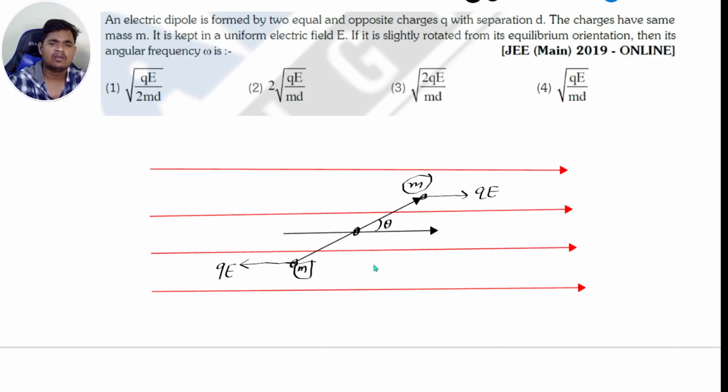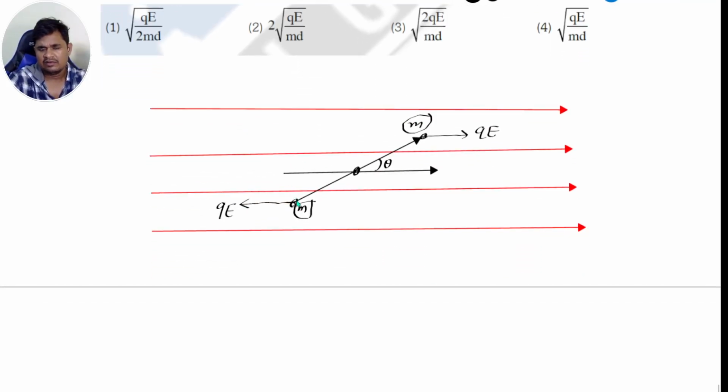So if I calculate the torque, now listen, you can write the torque about any point and you will get the same value of torque, because torque due to a couple is independent of the point about which you calculate. At all points you are going to get the same value. So let's say this is A and this is also A. Torque about O is restoring in nature.